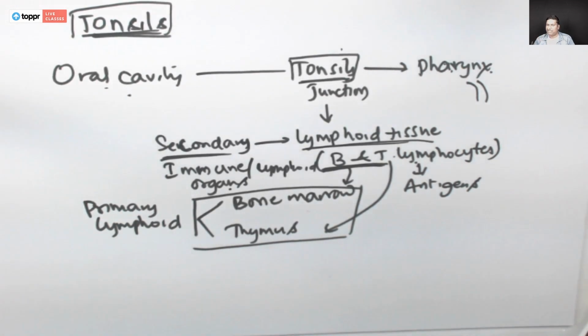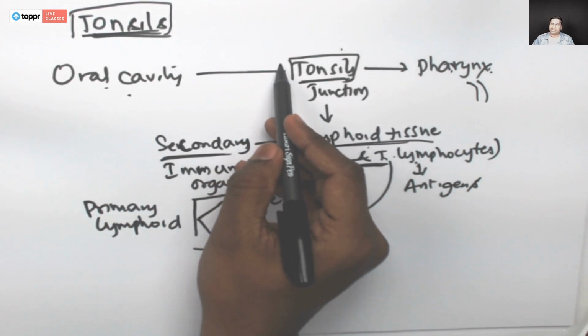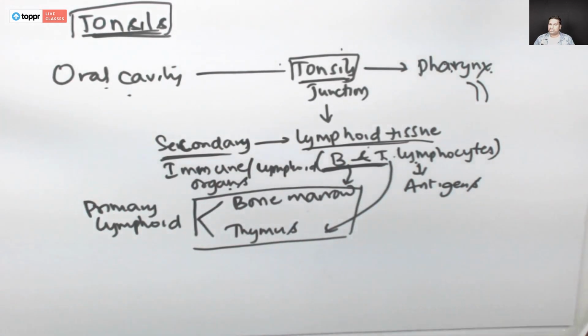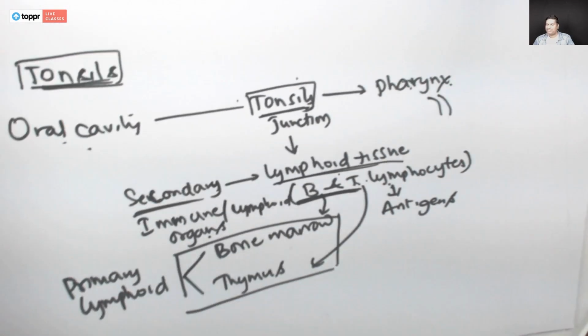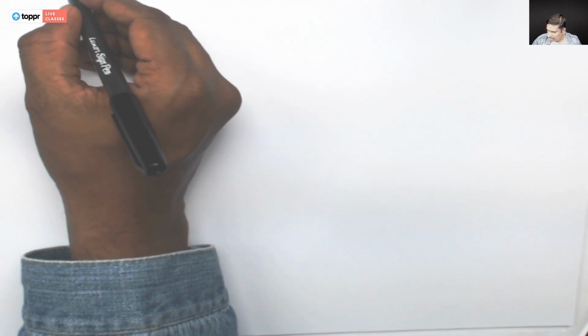Specifically, when you take food contaminated with streptococcus, you have a streptococcal infection, and that infection is being fought by the B and T lymphocytes of the tonsils, and that is the reason why your tonsils swell up. The inflammation reactions are also because of that. So we'll move to the next component, which is your larynx.